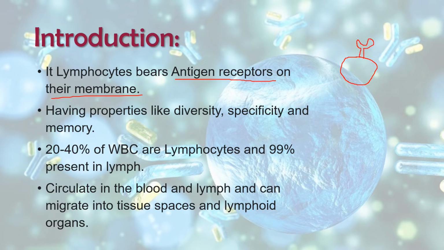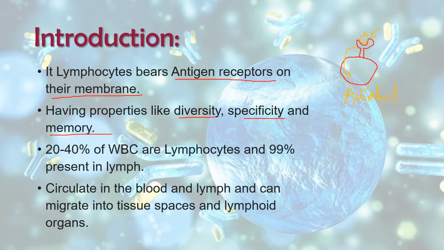This receptor, when it interacts with the antigen, stimulates or activates the cell, which ultimately takes part in immune responses. So it becomes activated. They have the properties of diversity, specificity and memory.